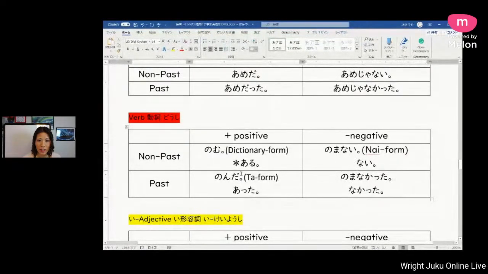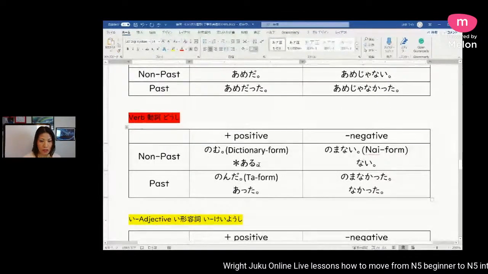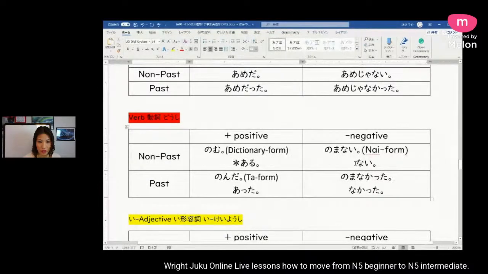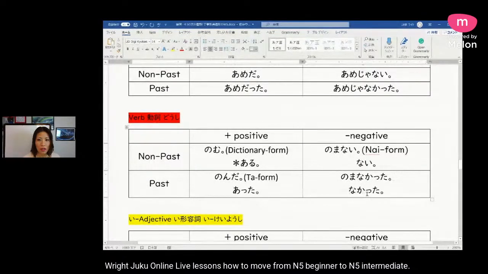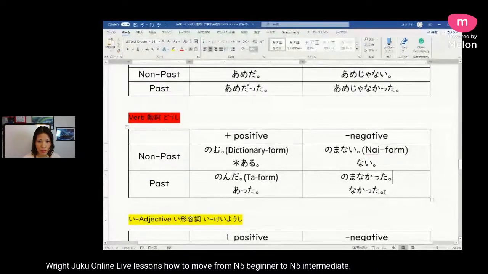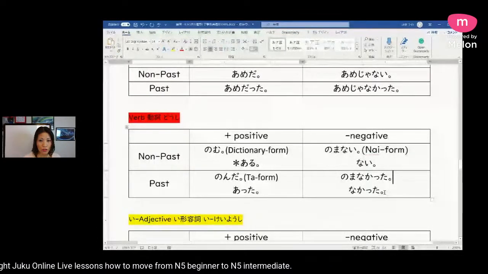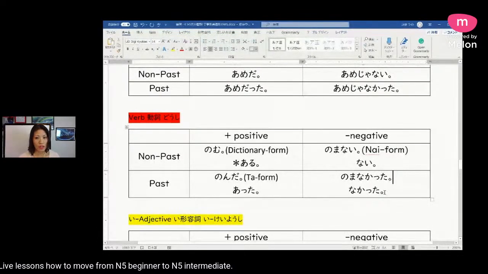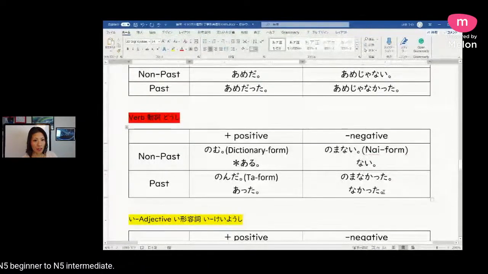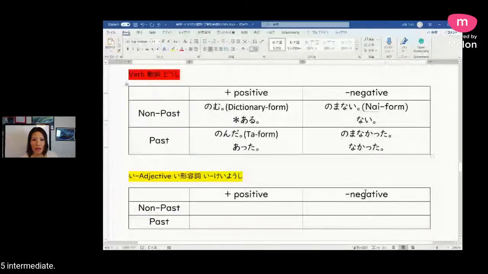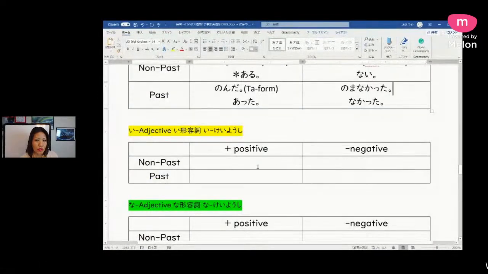Nomanai, nomanakatta, something like that. And for aru, which is existence, aru, nai, atta, nakatta. That's the exception that it's always good to note here, so that anytime you're confused, you can come back here and check yourself.